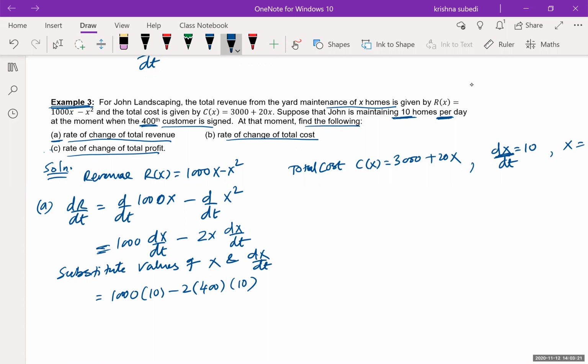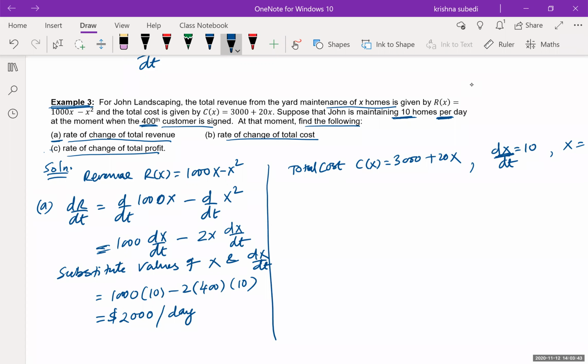So if you simplify, you will get $2,000 per day. Okay, so the revenue is increasing at $2,000 per day.